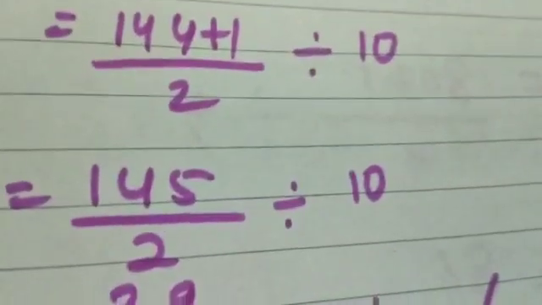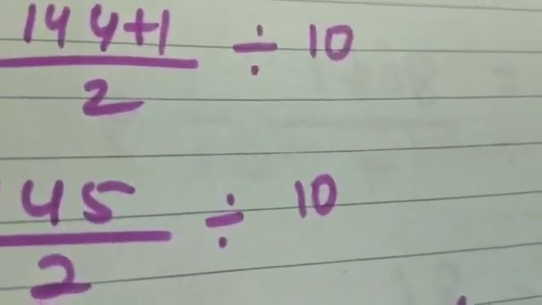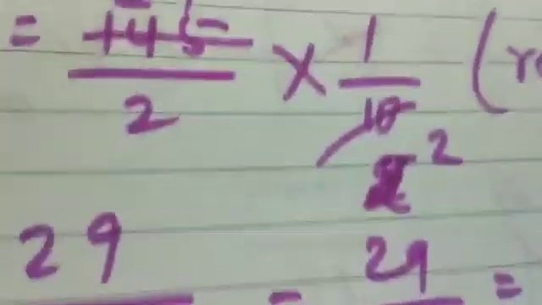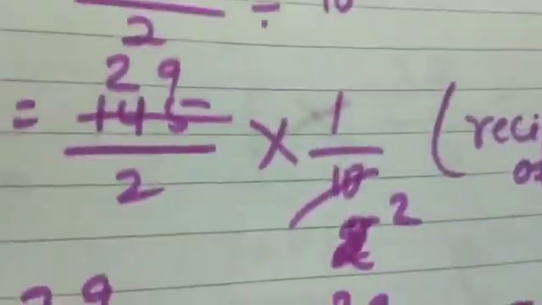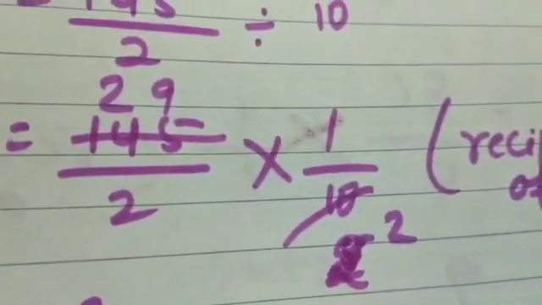Then according to the next step, we need to find the reciprocal of 10. So that is 1 by 10. So we will multiply 145 by 2 by the reciprocal of 10, that is 1 by 10.